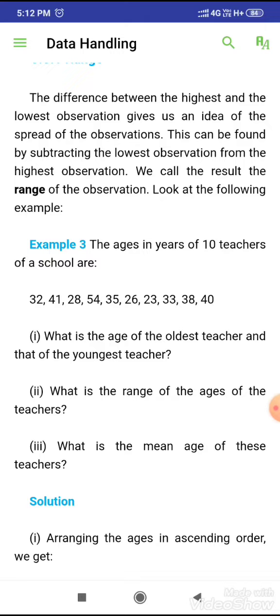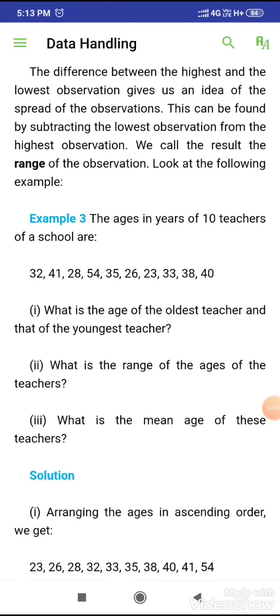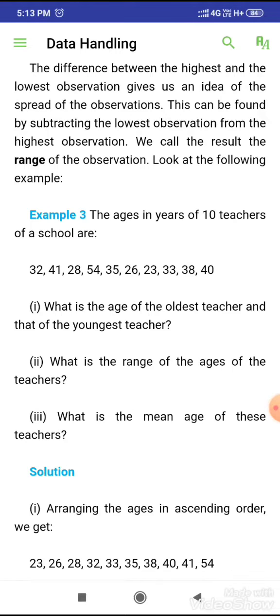Then in the first part we have to find the age of the oldest teacher and the age of the youngest teacher. For this we carefully study our data, and then we easily find from our data the age of the oldest teacher and the age of the youngest teacher.